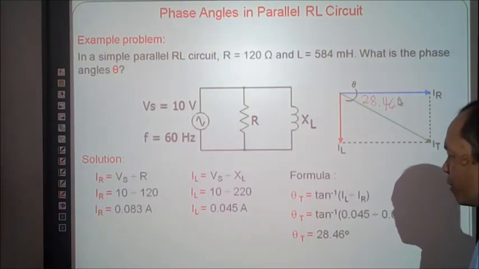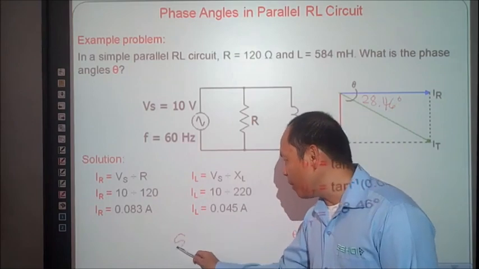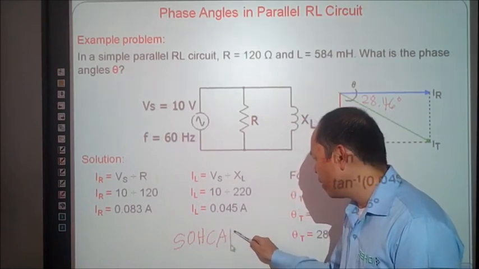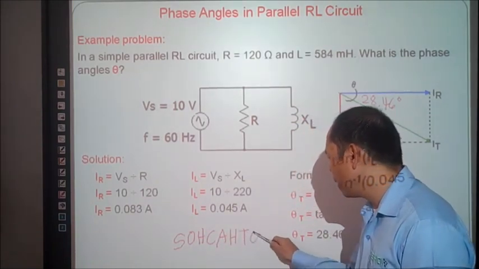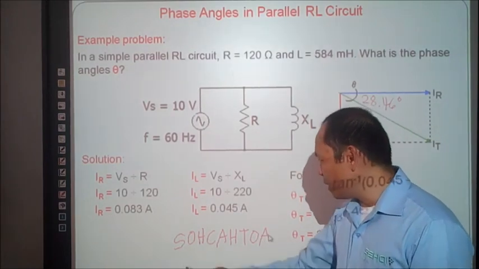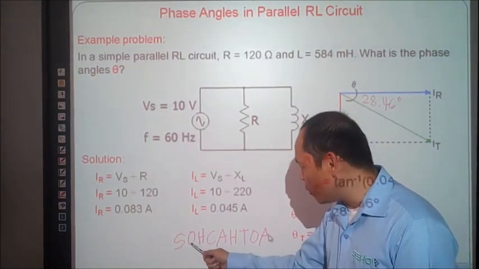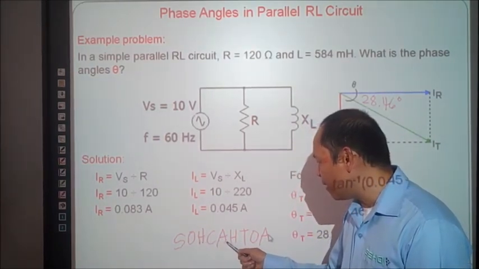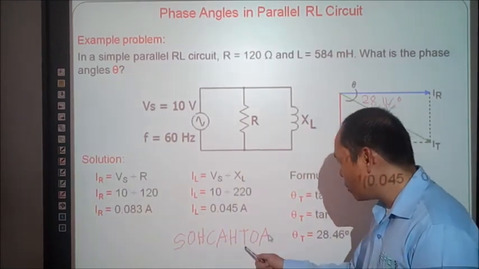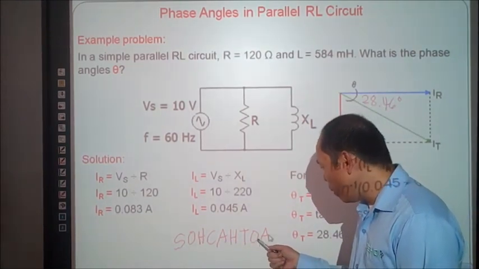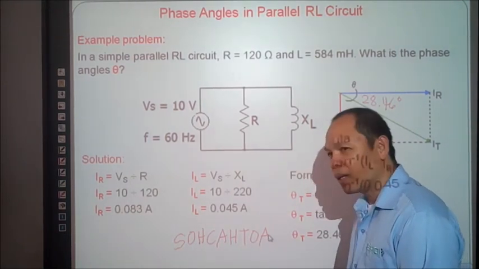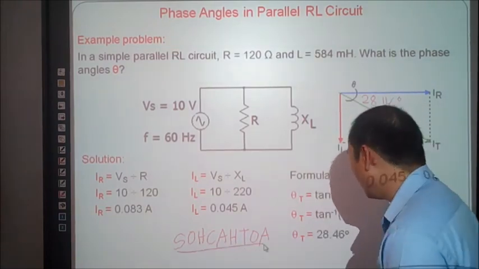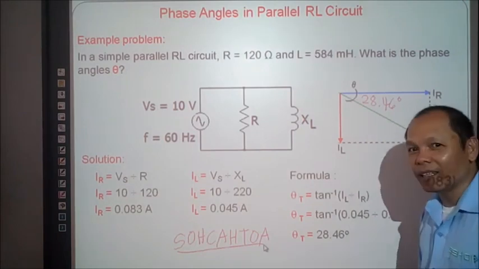If you remember the word SOH-CAH-TOA: sine is equal to opposite over hypotenuse, cosine is equal to adjacent over hypotenuse, and tangent is equal to opposite divided by adjacent. If you use these, you can solve for the total current here.